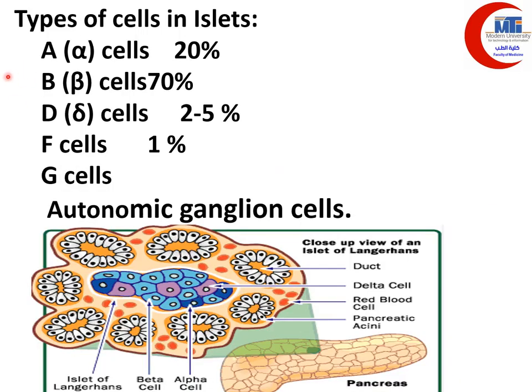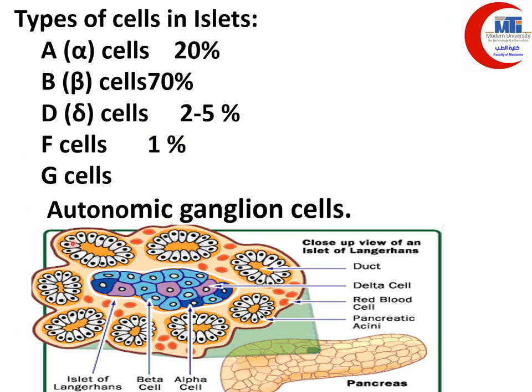Islets of Langerhans contain many types of cells. These are A cells or alpha cells, which form about 20%, B cells or beta cells, which form 70% of the islets, and D cells or delta cells, which form about 2 to 5%.